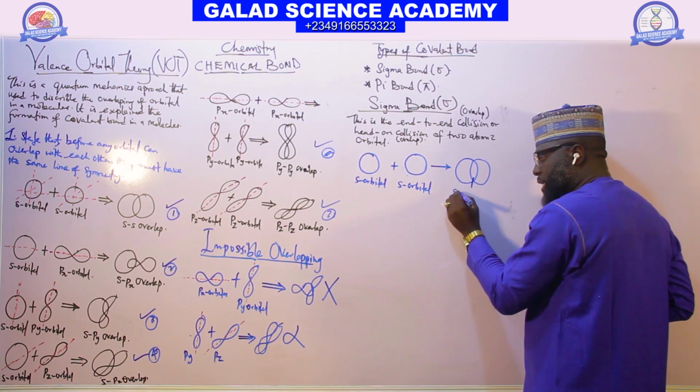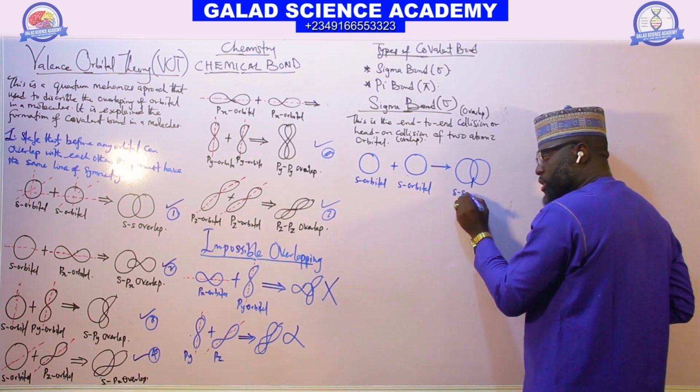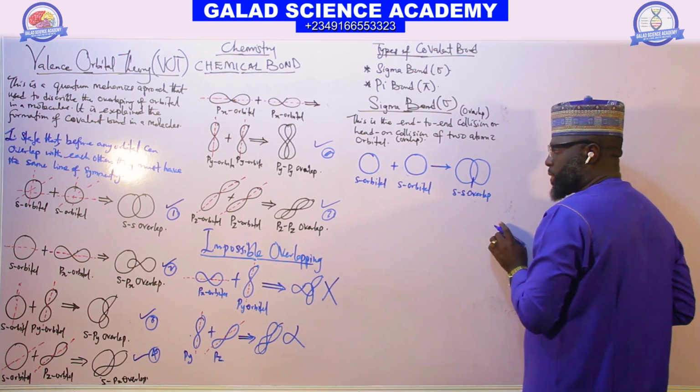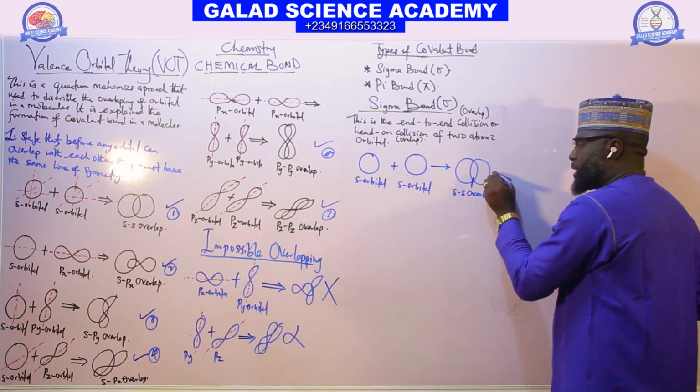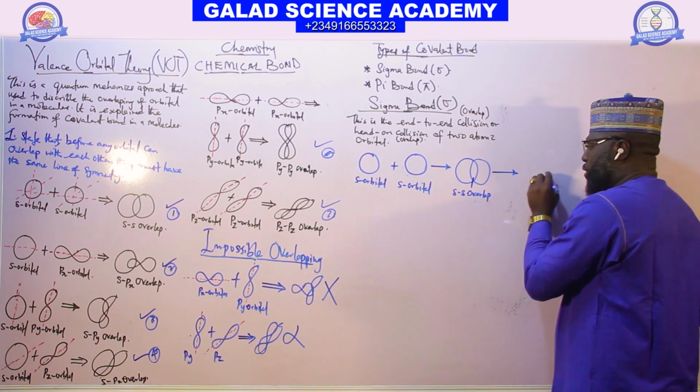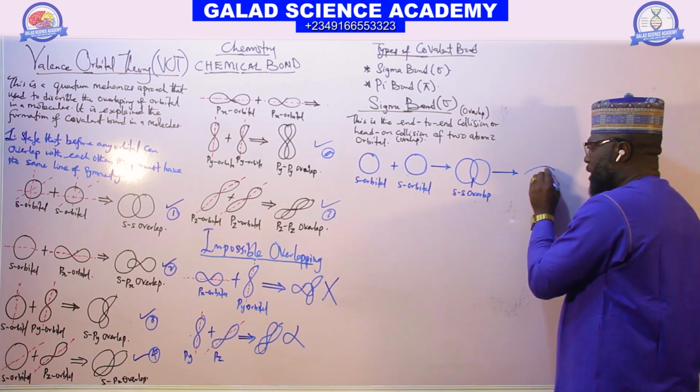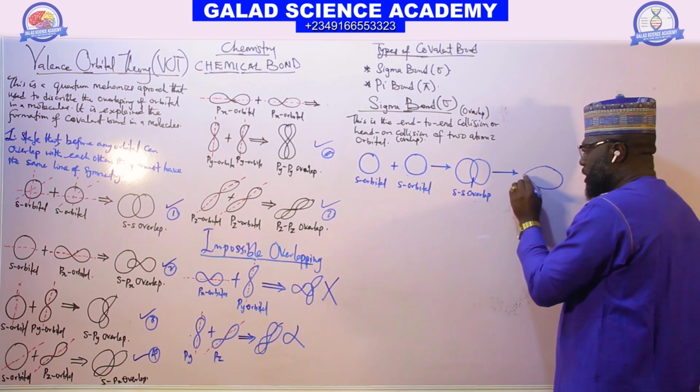You call it s-s overlap. And it will later form a sigma molecule.